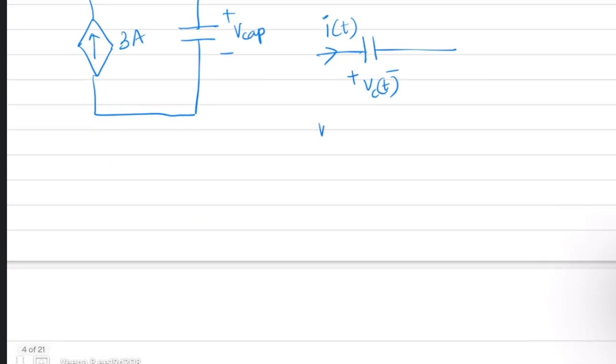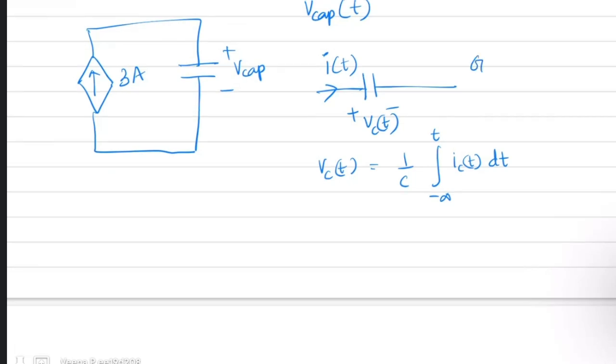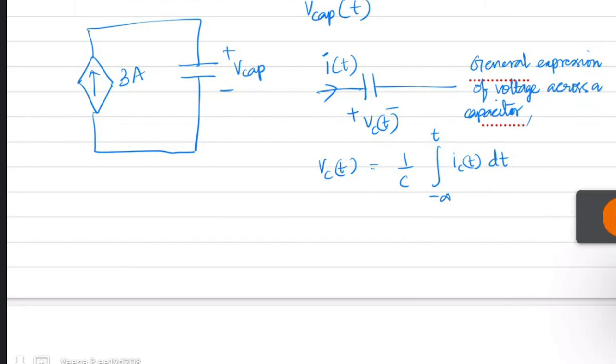If this is the case, then Vc of t can be expressed as 1 by c integral minus infinity to t Ic of t dt. This is the general expression of voltage across a capacitor when a current Ic of t flows through it as a function of time. So this is the general expression of the capacitor voltage.